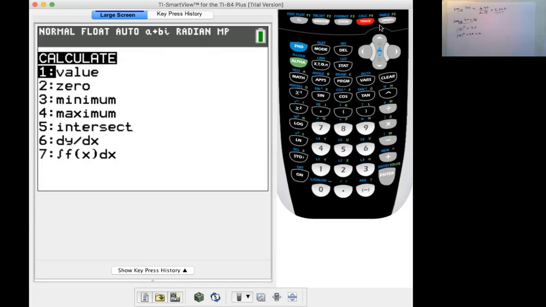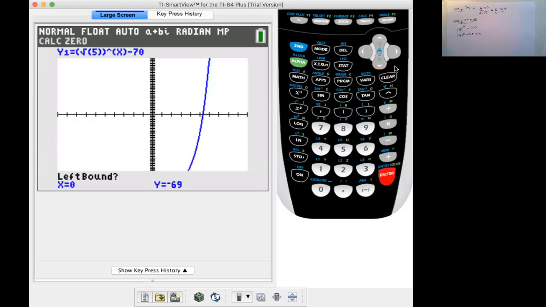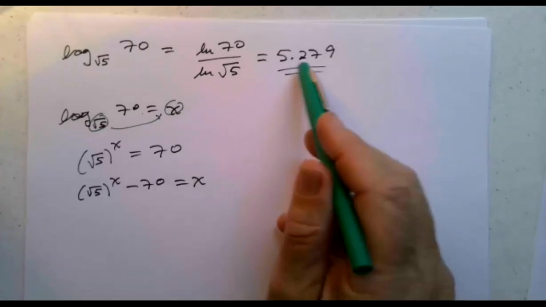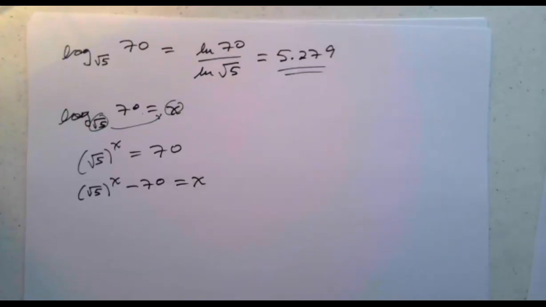Second calc, left bound. 0 is what we want first, of course. Move the little cursor just to the left of where it crosses. There we go. A little bit to the left, enter. A little bit to the right, enter, and guess. 5.279, which is what we said before, right? We got that from the change of base theorem.